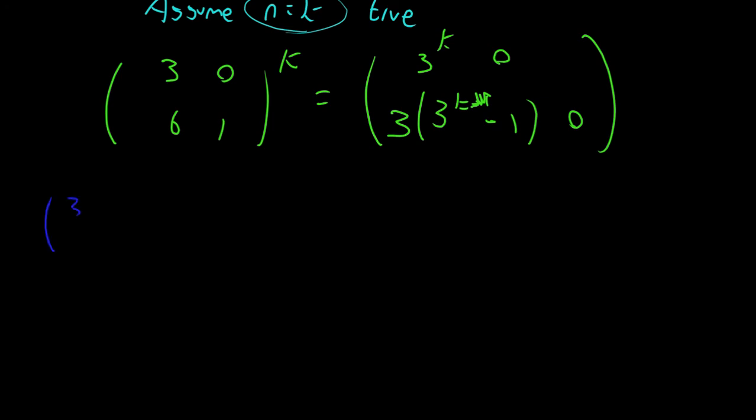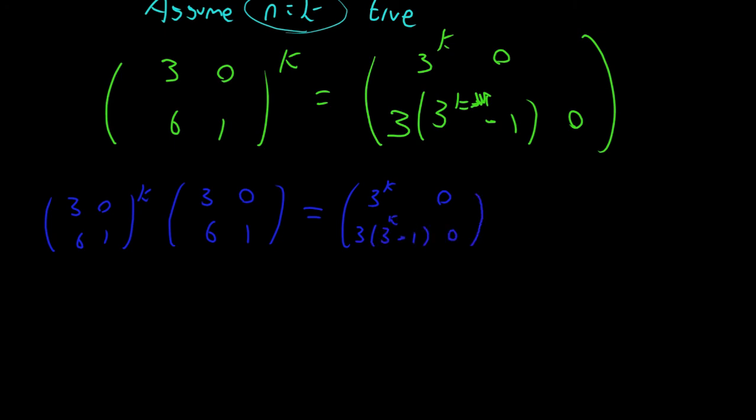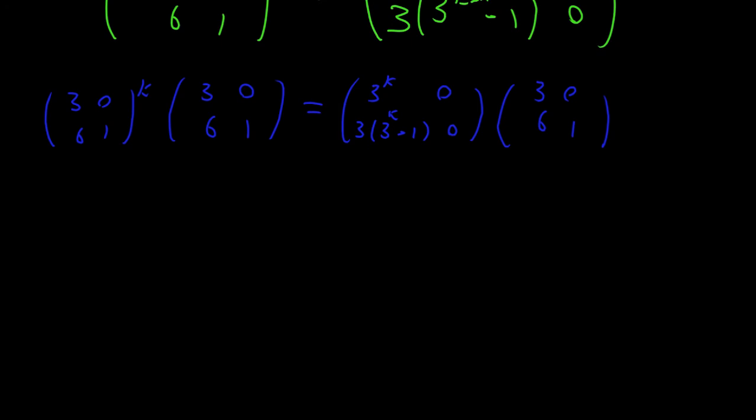The most natural, intuitive way to do things here is to multiply on the right by another matrix: 3 to the k, 0, 3 to the k minus 1, 1, multiplied by 3, 0, 6, 1. And what does this lead to? Of course, this leads to 3, 0, 6, 1 to the k plus 1.